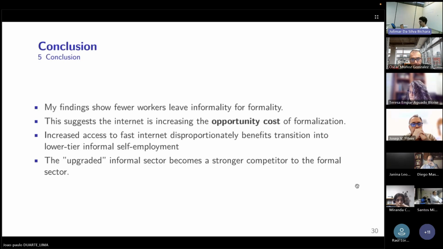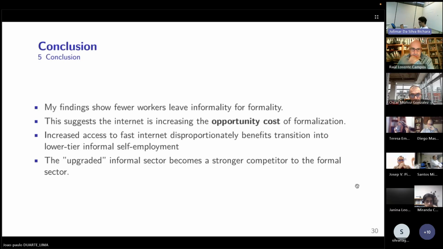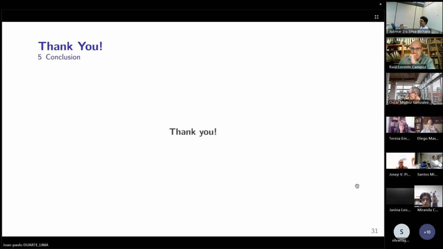And if you think of a sort of survival view of the informal sector, it looks like the internet is making the informal sector better to work. So if you need to survive, it makes it easier to survive, and it makes it more attractive to enter the informal sector. So what I say is like upgrading the informal sector. That's it.